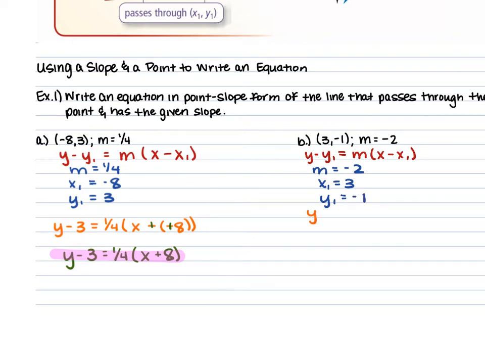So this is going to give us y minus -1 is equal to -2 times x minus 3. We simplify this because there's those two negatives next to each other, so it becomes y plus 1 is equal to -2 times x minus 3.